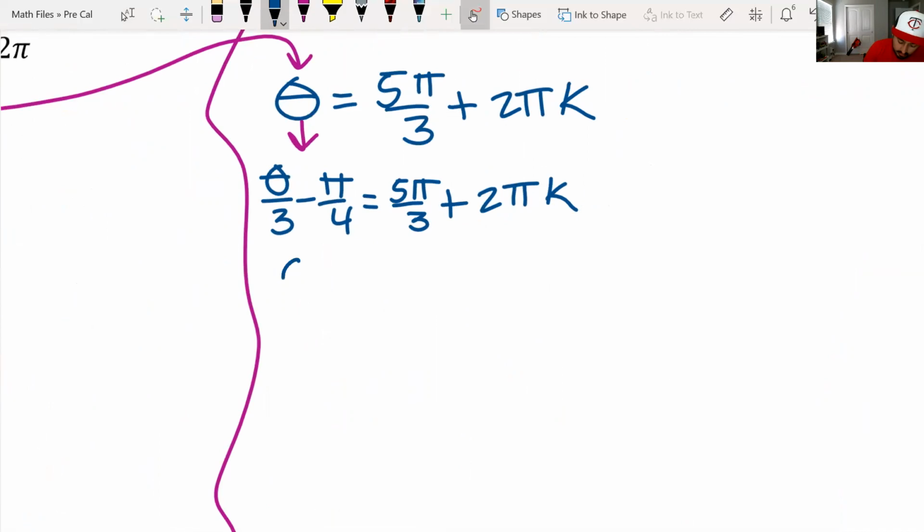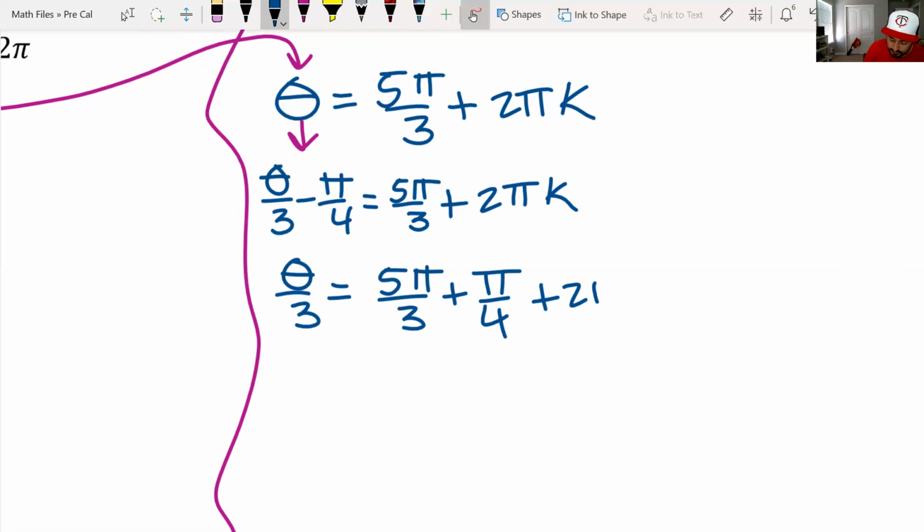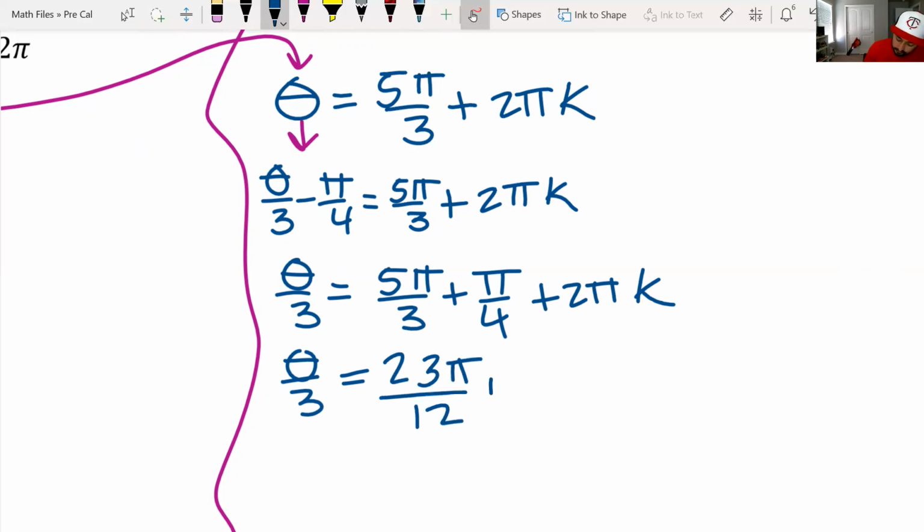So theta over 3 equals 5 pi over 3 plus pi over 4 plus 2 pi k. Theta over 3 equals 5 pi over 3 plus pi over 4. You get 23 pi over 12 plus 2 pi k.